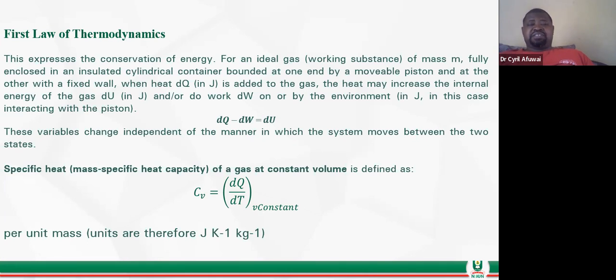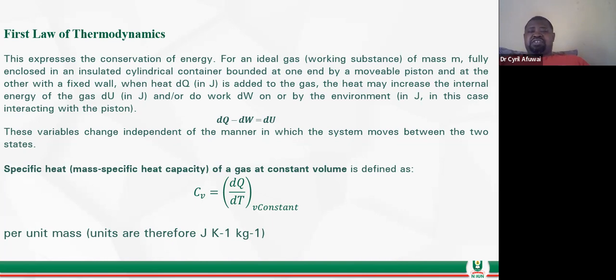When heat dq, as change in heat, that is in joules, is added to the gas, the heat may increase the internal energy of the gas, the U. The U is actually the internal energy of the gas, also measured in joules, and do work, dW, on or by the environment, in joules, in this case, interacting with the piston, is given by dQ minus dW equals dU.